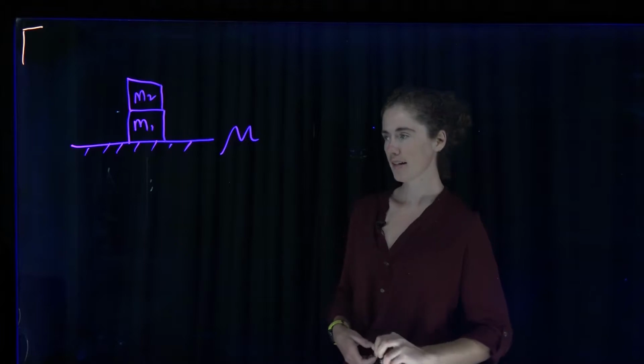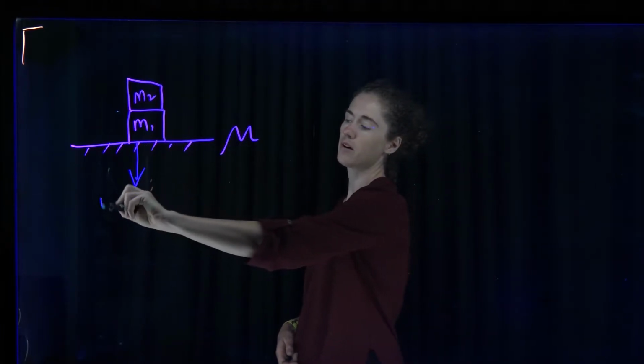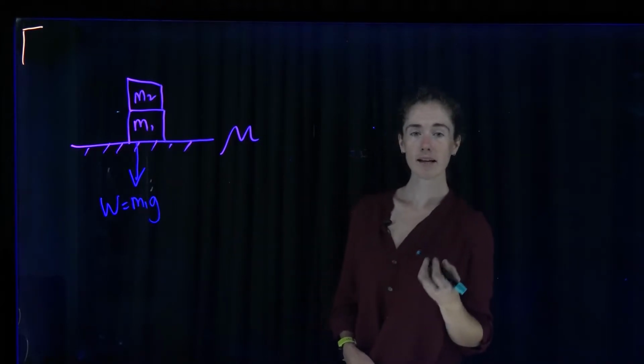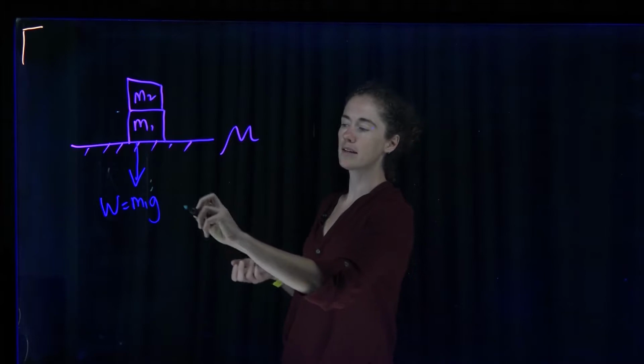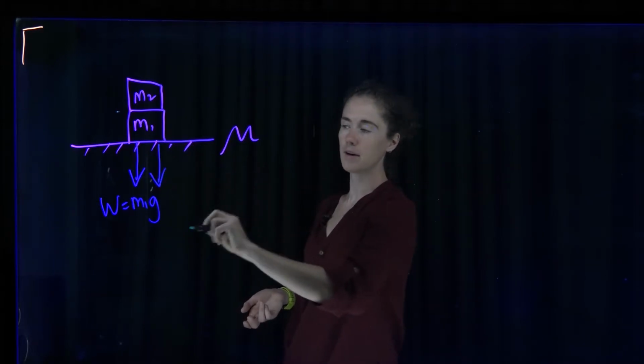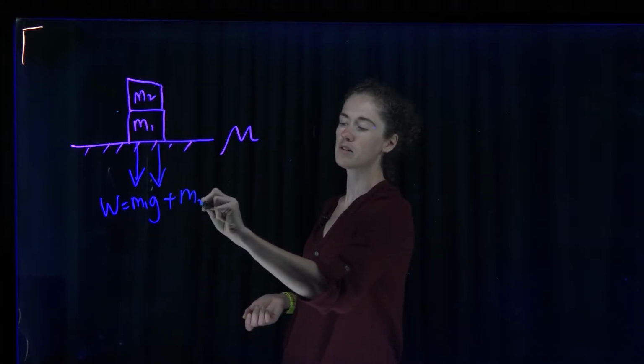The first thing that's going to happen is that we've got our weight to start with. We've got weight equals m1g. But when that second box is added, our weight is going to increase to include two components. Weight equals m1g plus m2g.